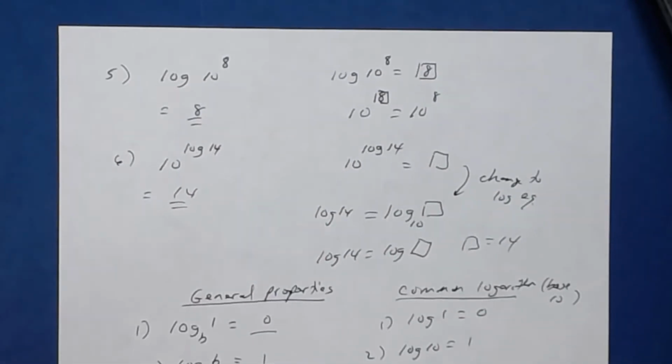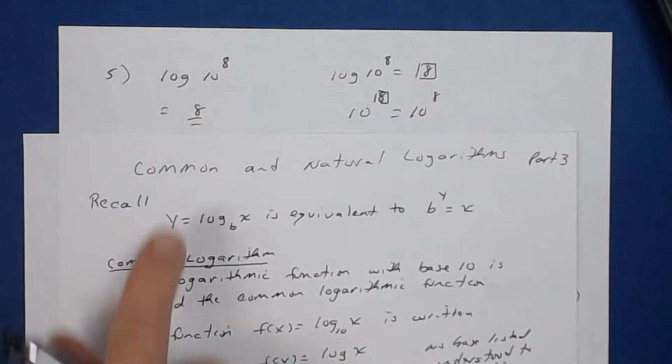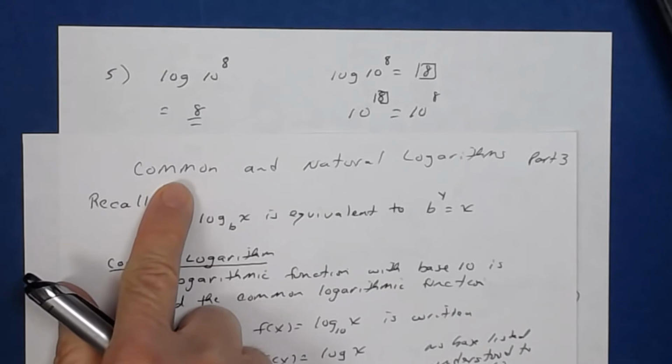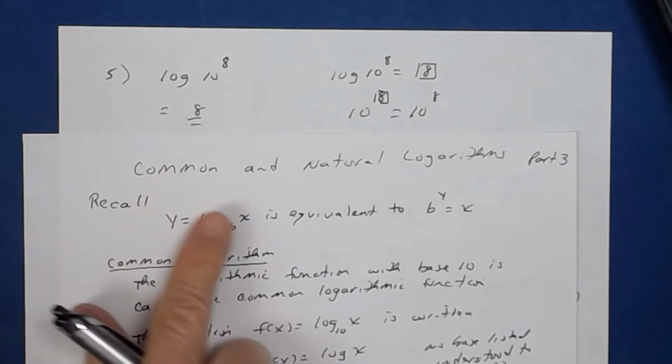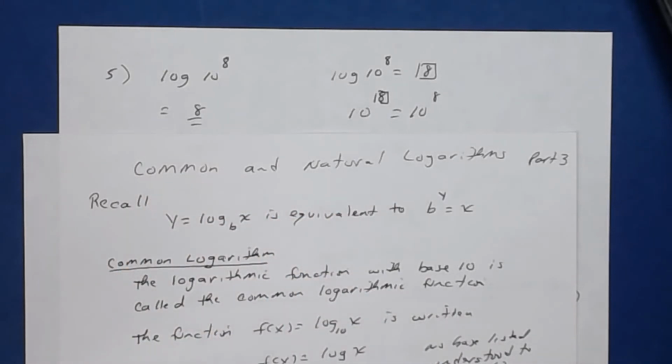Now let's talk about natural logarithm. So common logarithm has what base? Base 10. Let's talk about natural logarithm.